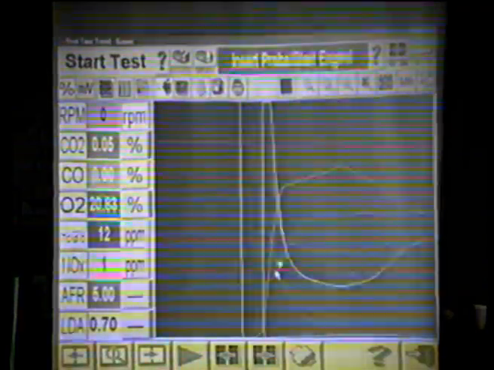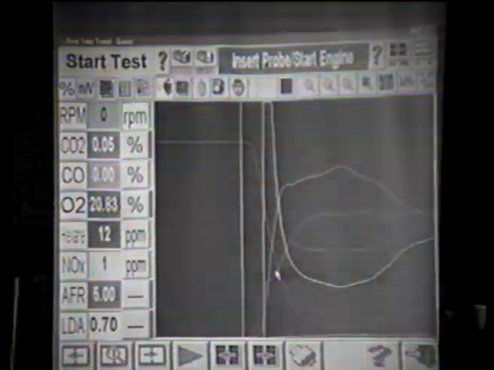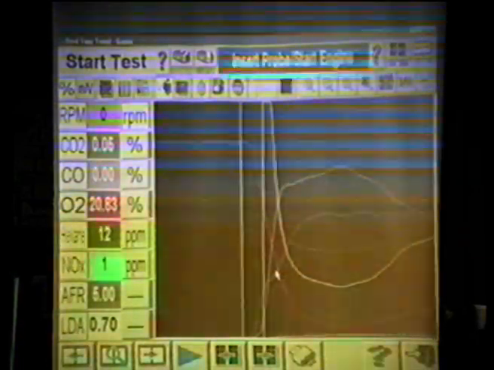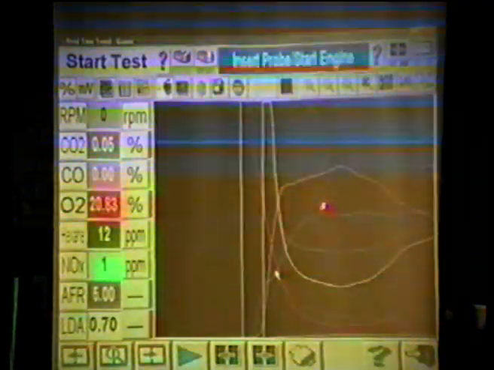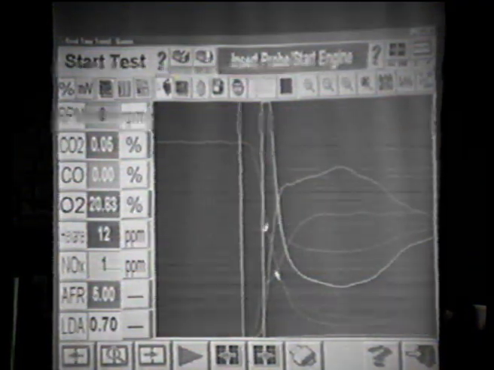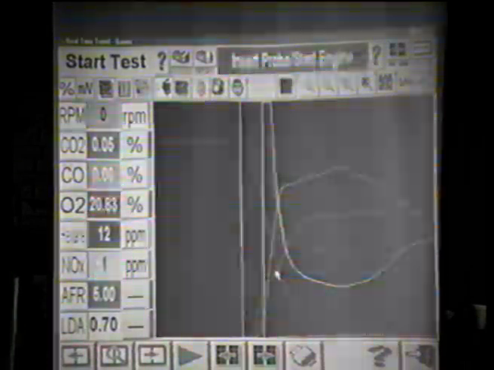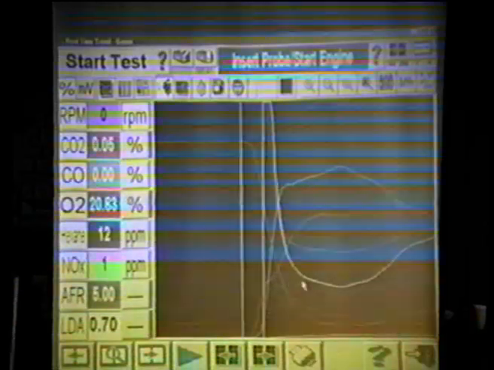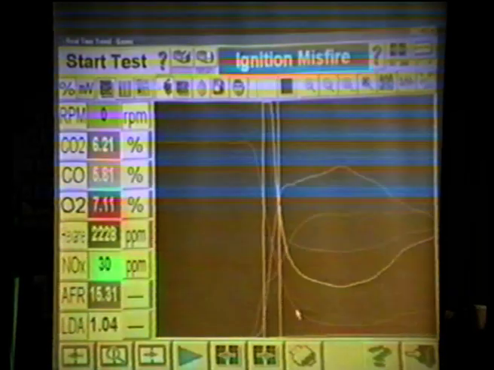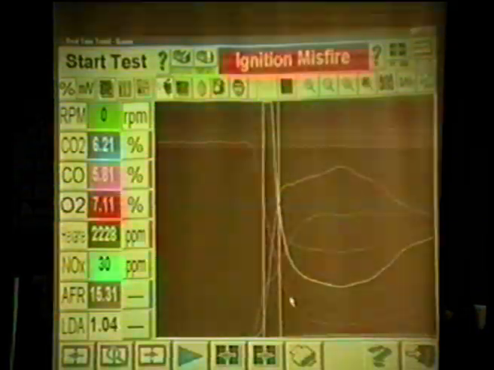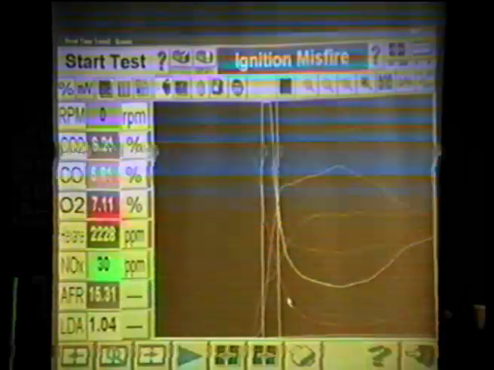This is really quite interesting. This particular vehicle has got a reasonably vertical CO2 line, so I don't think there's anything really much wrong with the ignition system on this one at all. But the car has overfueled so badly during starting that at this particular point here, there's lots and lots of raw fuel going on.